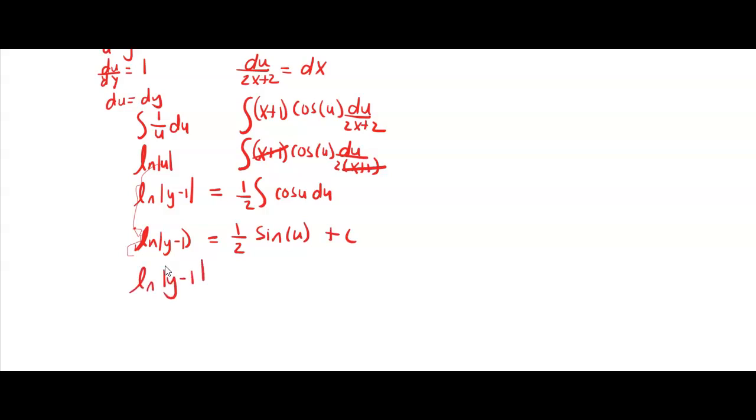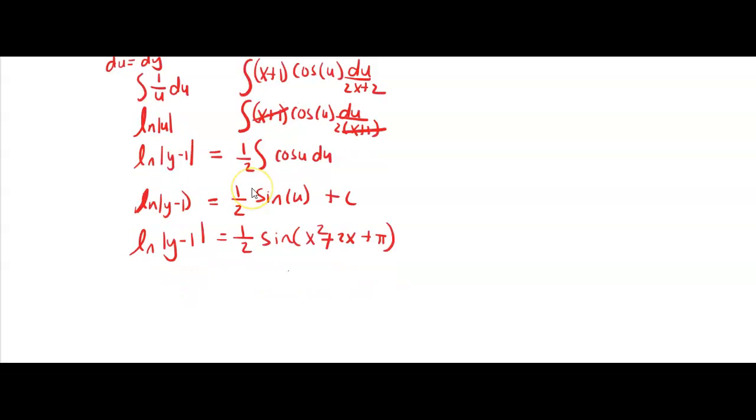So for that side, the u was x squared plus, I forgot it. Let me look back up at it. 2x plus pi. All right. And of course, we don't want to forget our plus c here, which is our next step.